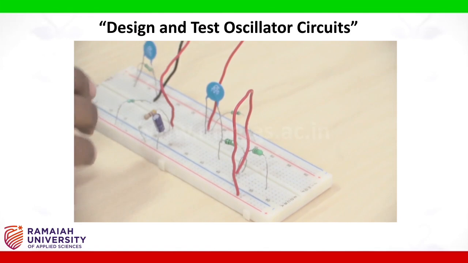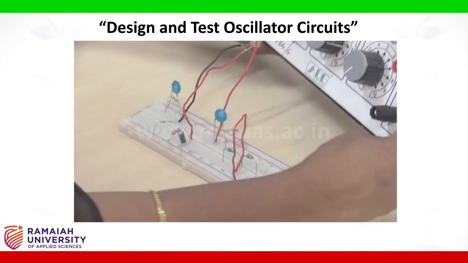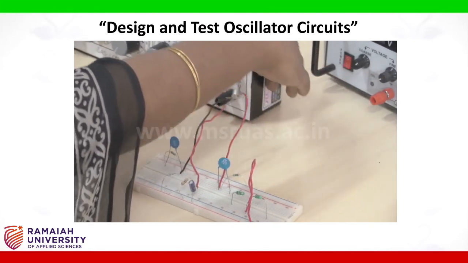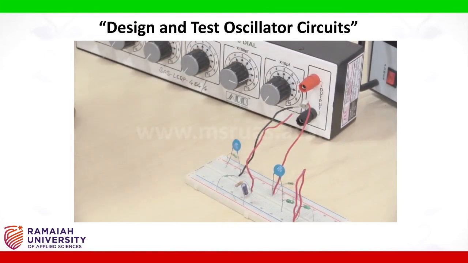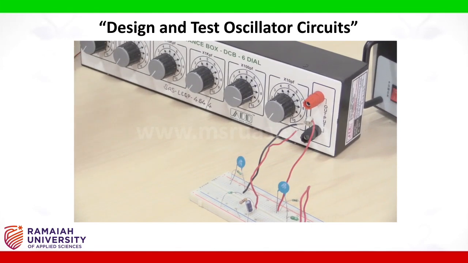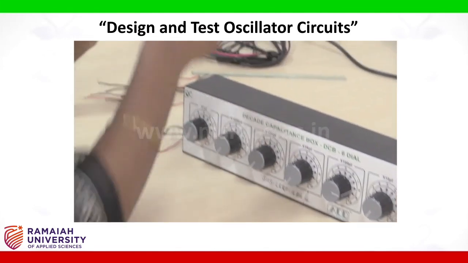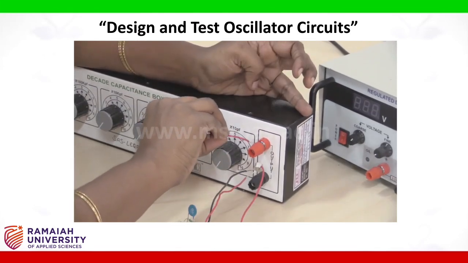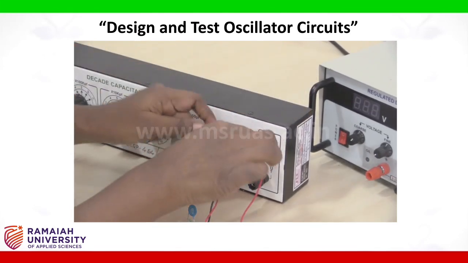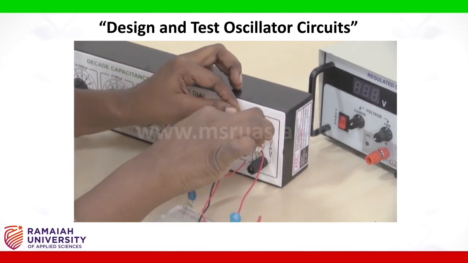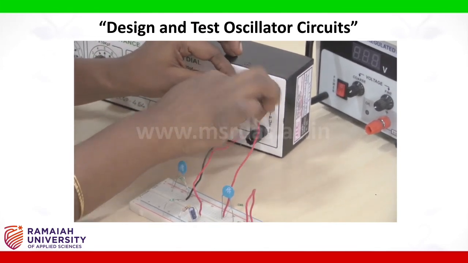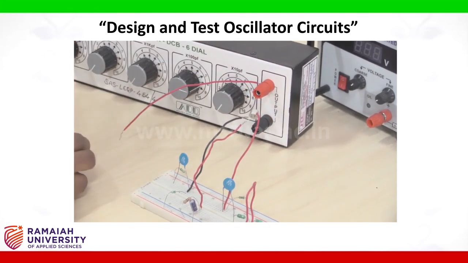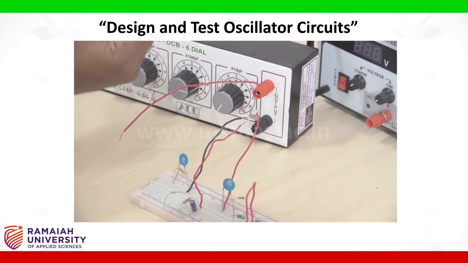Next take the DCB, use two connecting wires, one for positive and the other for negative.